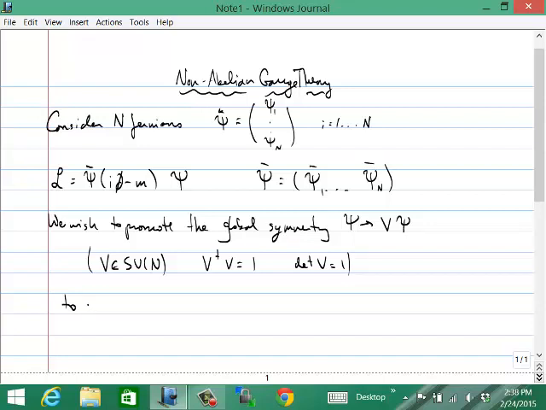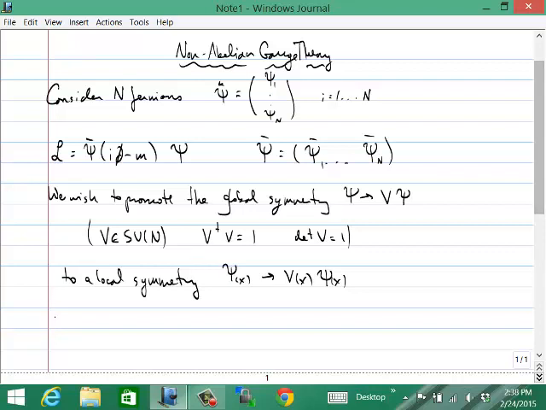We wish to promote this to a local symmetry, where psi will transform by the multiplication of one of these SU(N) matrices. But now we can choose a different SU(N) matrix at each point in space-time.